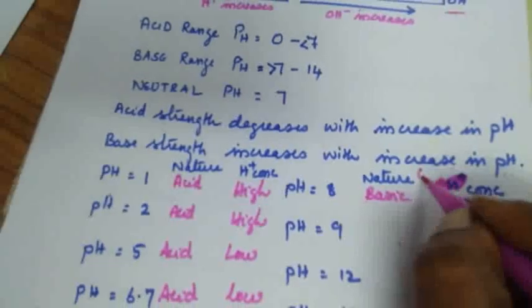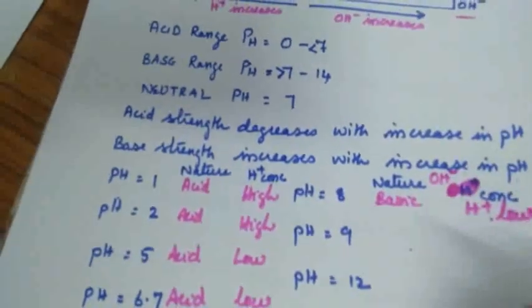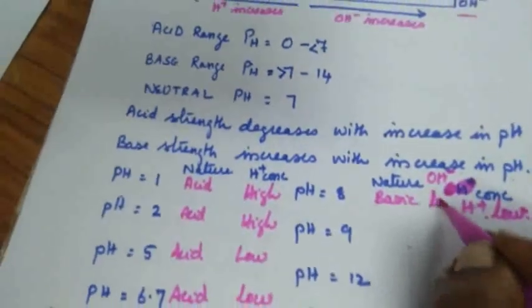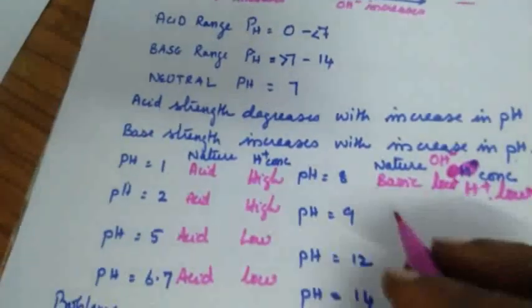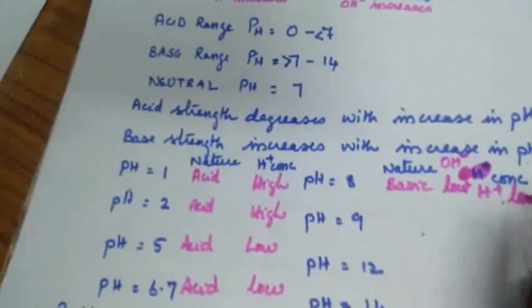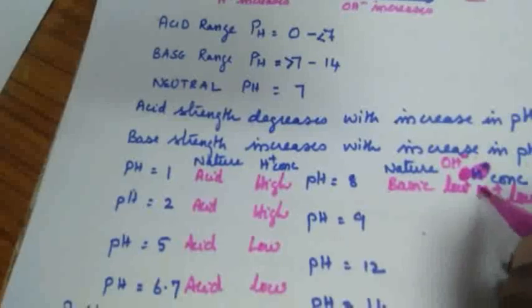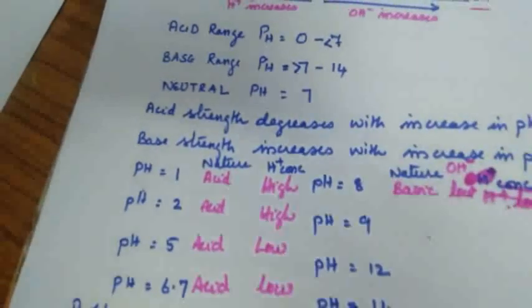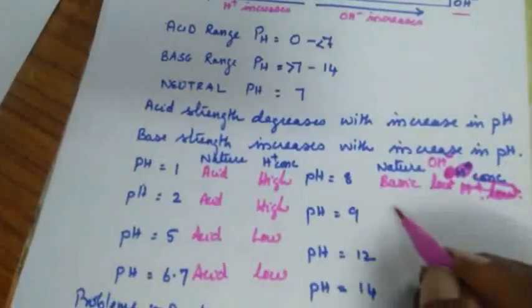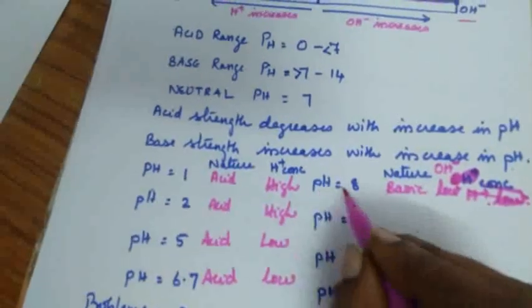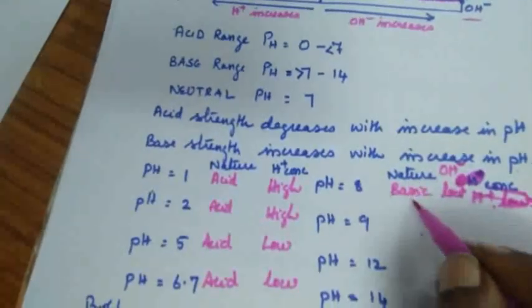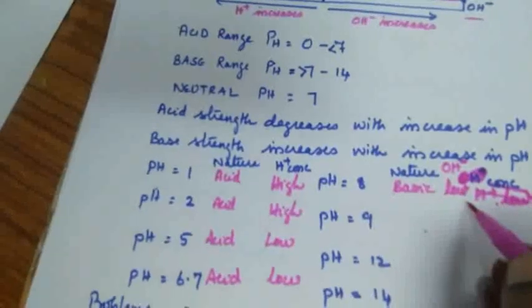What will happen to OH minus? Initially it is also low. So we will put it as OH minus instead of H plus. For pH 8, the nature is basic and OH minus is low.